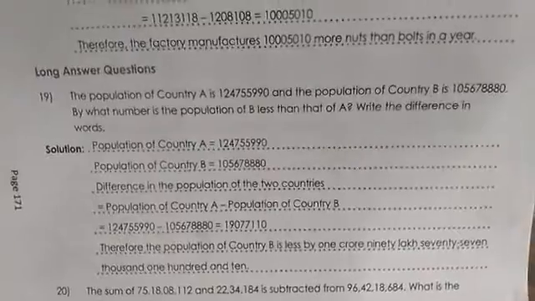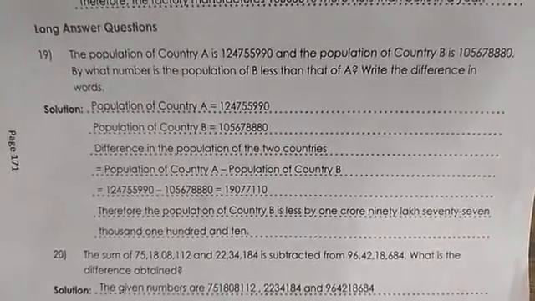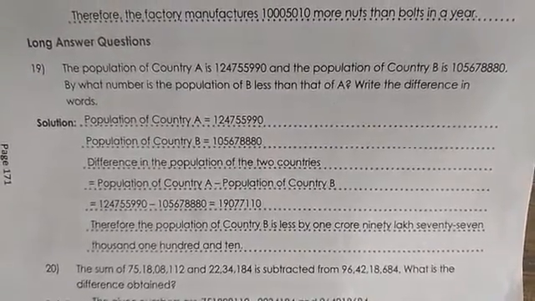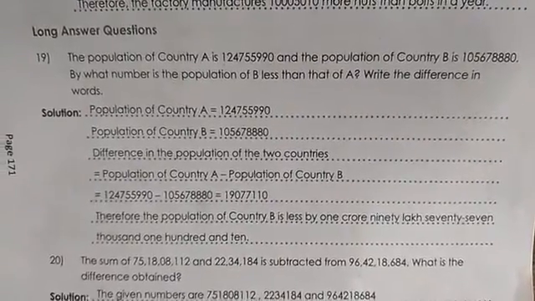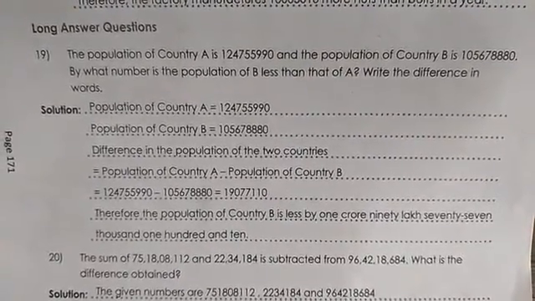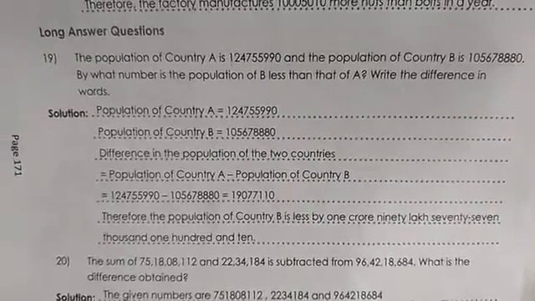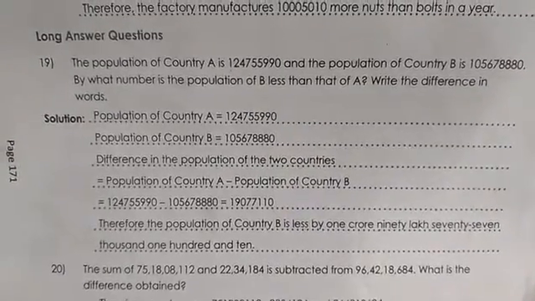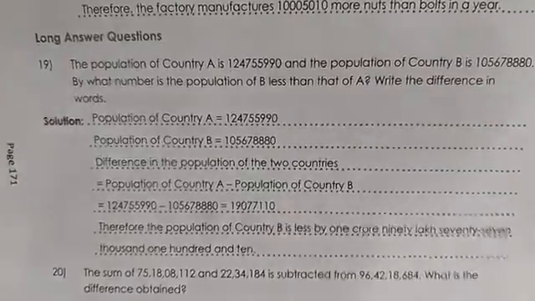Next, the 19th one. Children, observe this question. The population of country A is 12 crore 47 lakh 55,990.